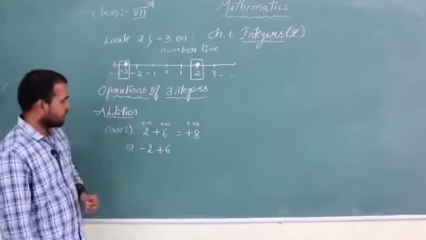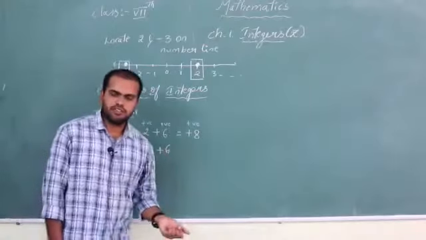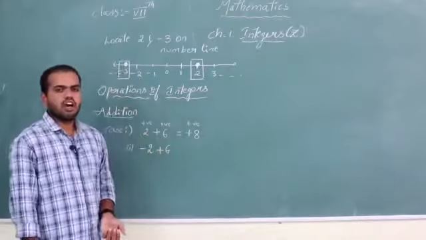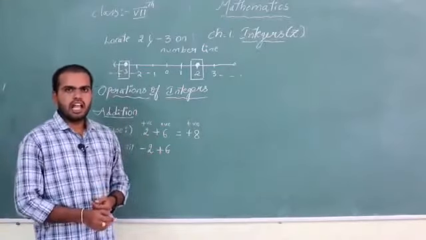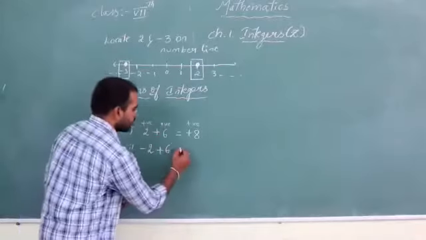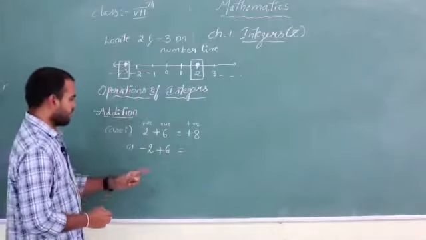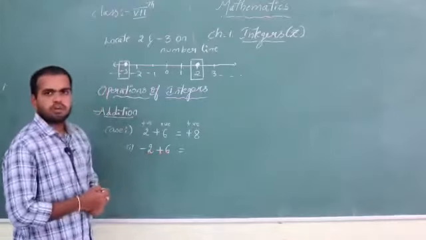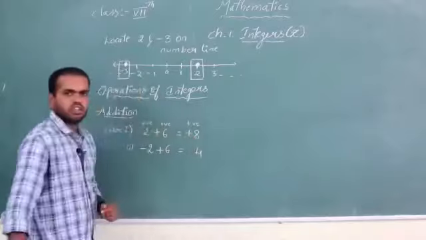What is the answer now? Whenever a positive number is added with a negative number, or a negative number with a positive number, first you have to subtract. So first you have to subtract, 6 minus 2. How much is it? It is 4.